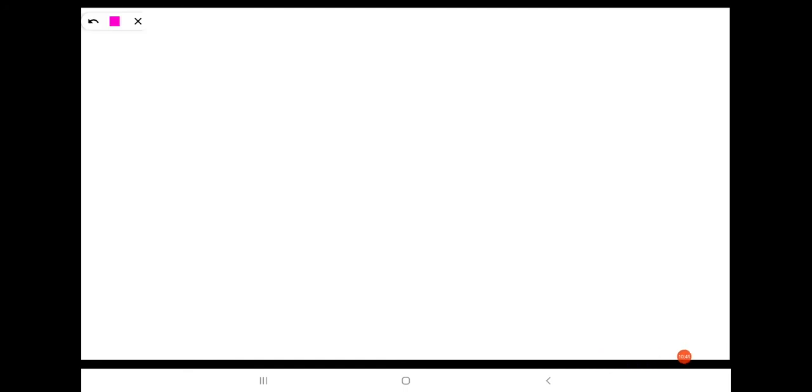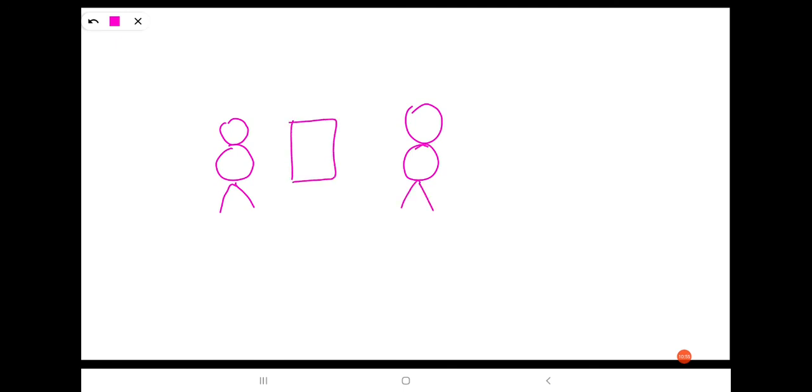For example, two friends are moving. They reached one house, person A and person B, assume that. When we ask person A, what is the position of the house?